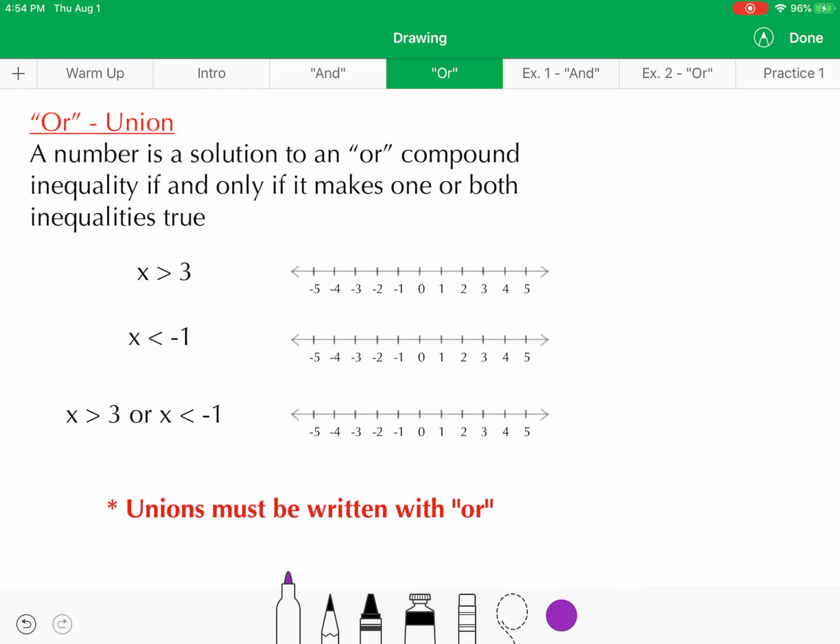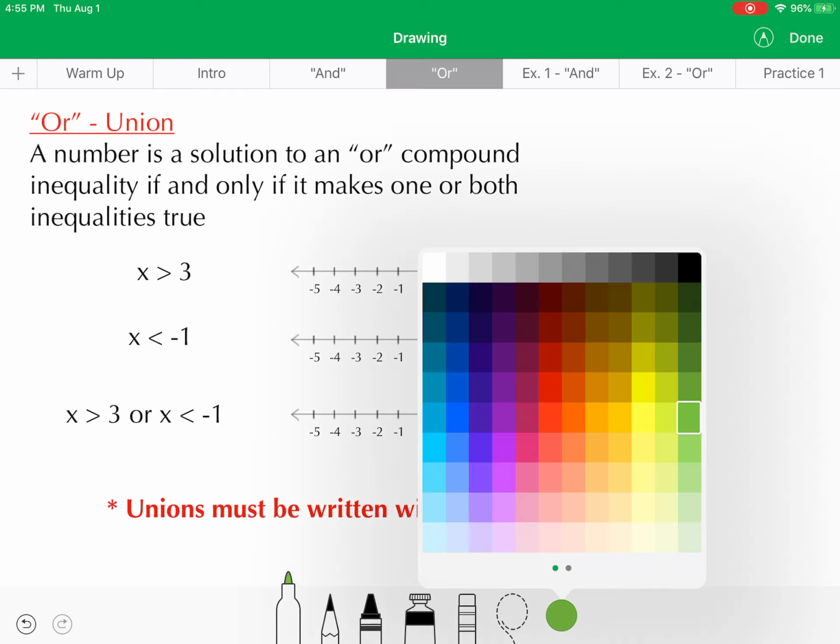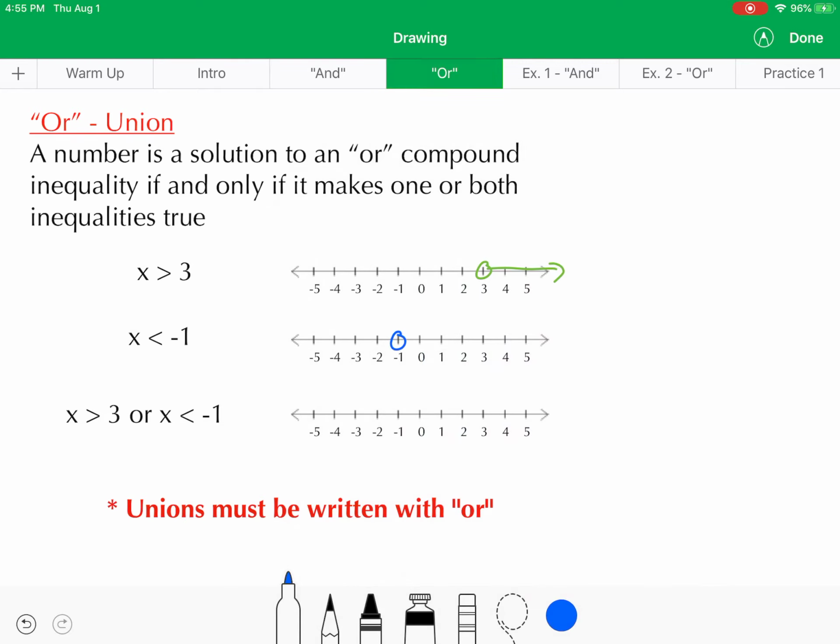All right. Ors are often referred to as unions. A number is a solution to an or compound inequality if and only if it makes one or both of the inequalities true. So let's consider the solution set to x greater than 3 or x less than -1. Think about them separately. X is greater than 3, solution set looks like this. X is less than -1, looks like this.